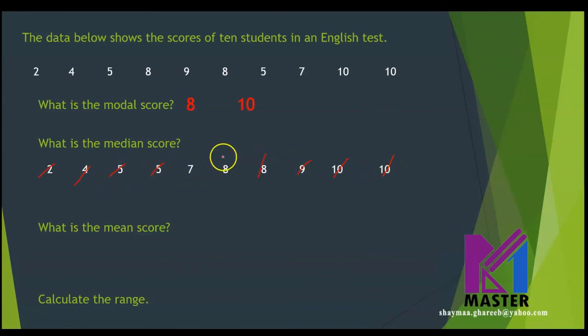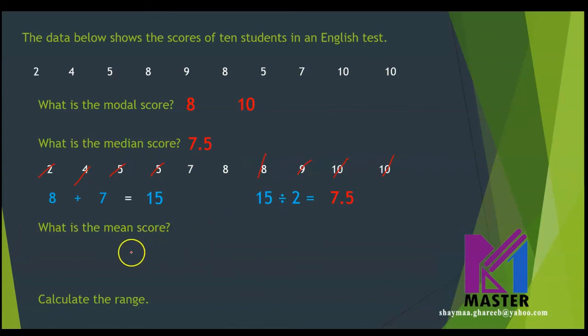We will find that we have two numbers in the middle. What we should do then, I will add both numbers, 8 plus 7, 15. Then I will divide by 2. 15 divided by 2 equals 7.5. So the median score is 7.5.